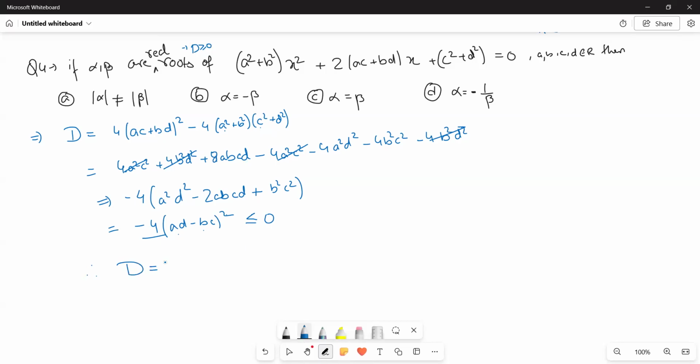When D is equal to 0. Both the relations can only be true when D is equal to 0. But then if D is equal to 0, the roots are equal. So the answer is alpha is equal to beta.